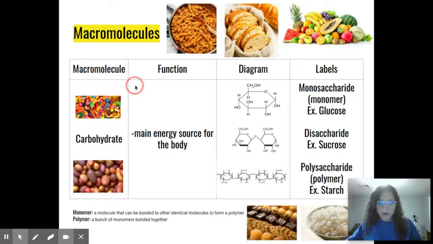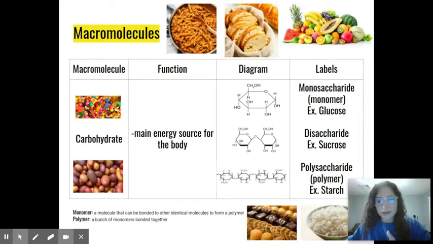For a carbohydrate, there are some different types. The main type of carbohydrate you are going to hear about this year is glucose. If you remember, that ose at the end of a word means it is a sugar. So glucose is our most basic type of sugar.